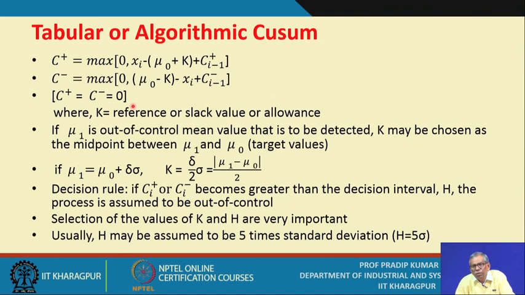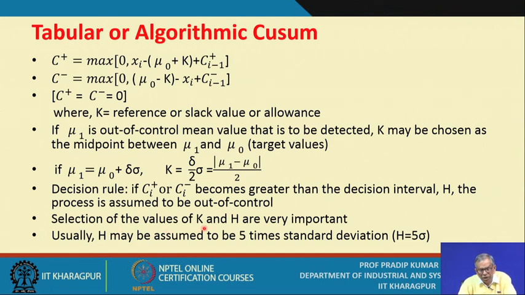Or you may have some initialization condition, if known, that you can add. That value you may consider, not necessarily 0, but usually it is 0. So at a certain value of i, a particular sample point, if you reach these conditions, the process is assumed to be out of control. Otherwise, you say that the process remains in control.